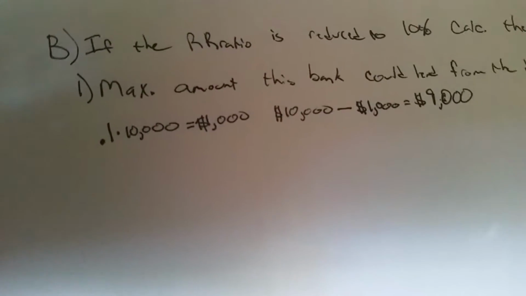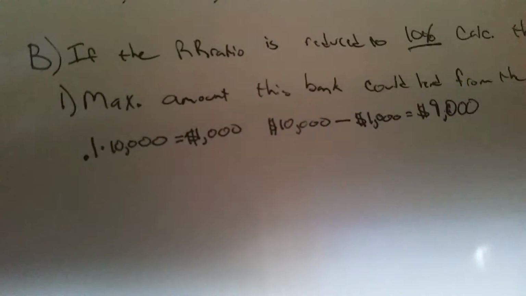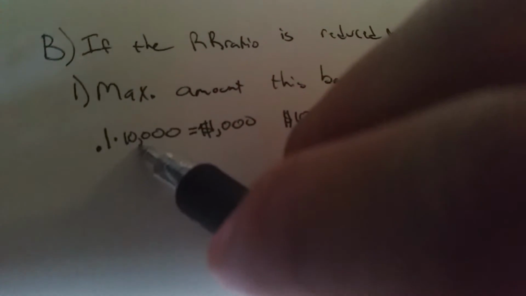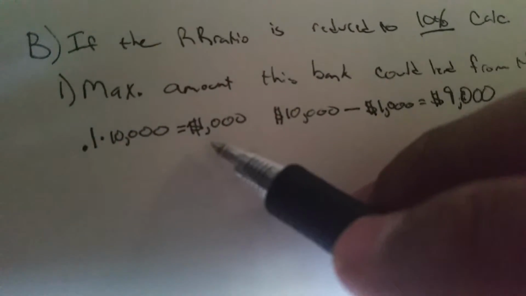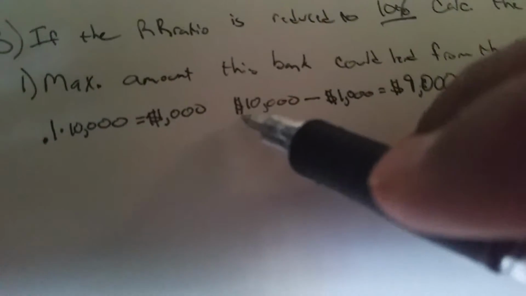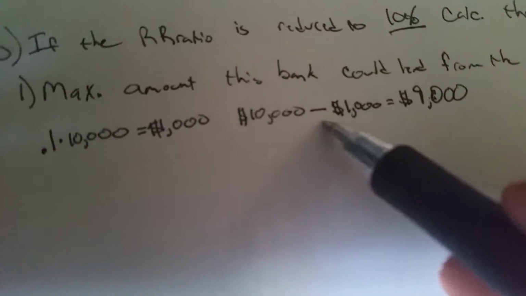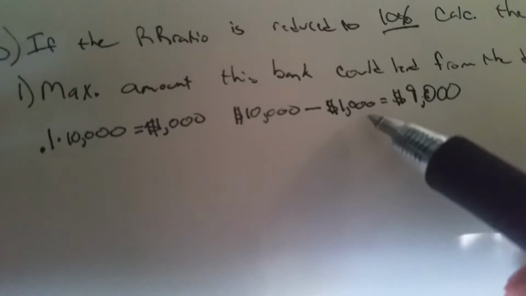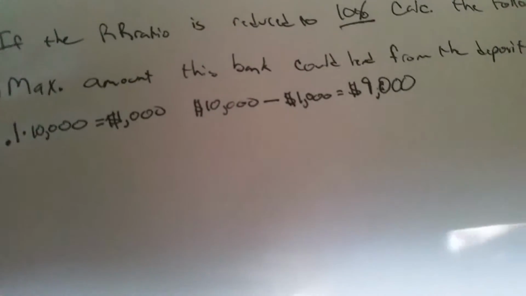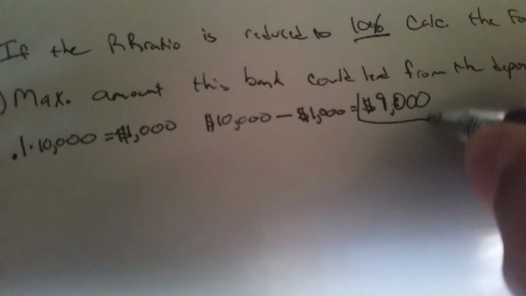You take your reserve requirement ratio, which is 10% now, and multiply that by 10,000, and you would get $1,000. Then you take the original demand deposit of $10,000 and subtract $1,000 from it, and you get $9,000. That's your ER, or the maximum loan that the bank could give out. So this would be your answer for that.